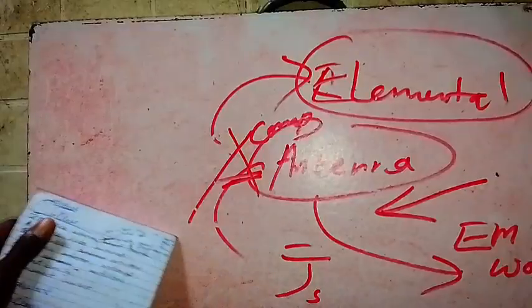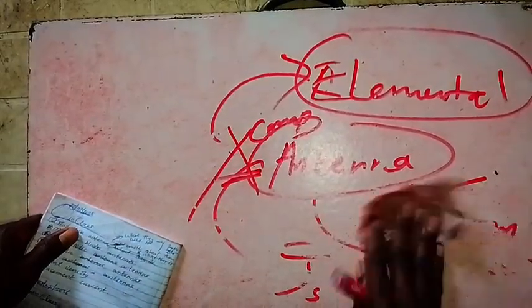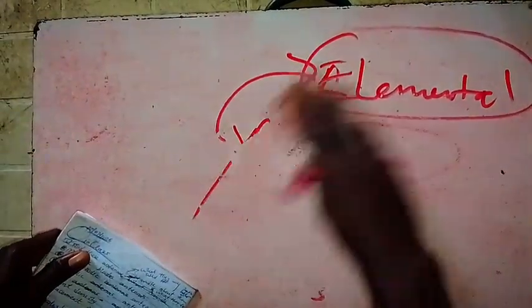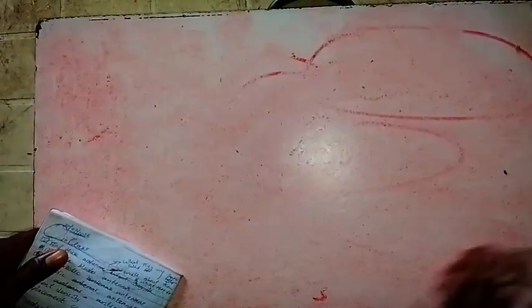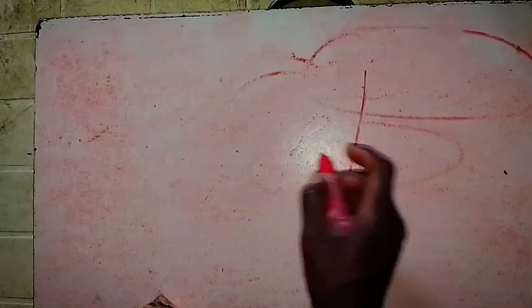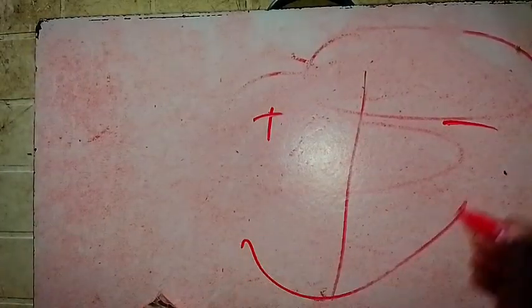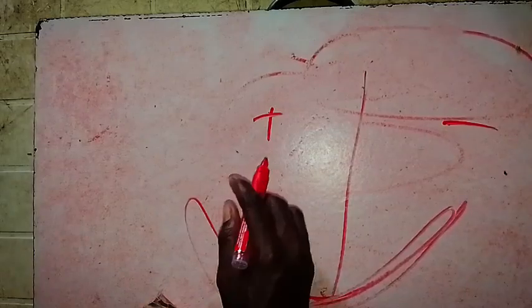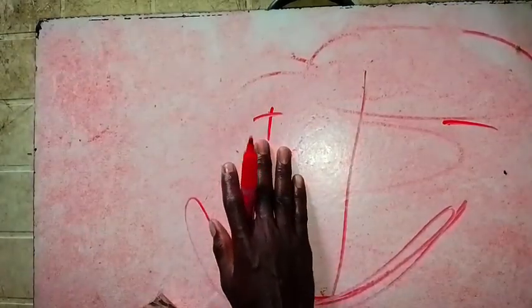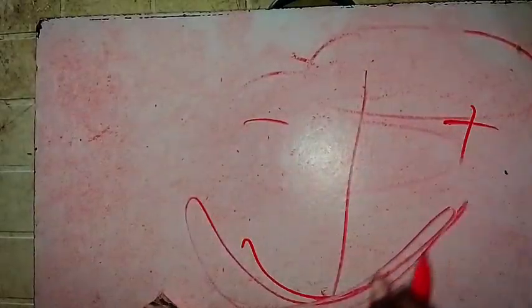We are dealing with AC, right? That's the kind of current we are working with. So the kind of antenna we're talking about now are antennas with two parts, with opposite polarity. Of course, AC, alternating currents. So, meaning at some time, here will be positive, here will be negative. Then at other times, here will be negative and here will be positive.